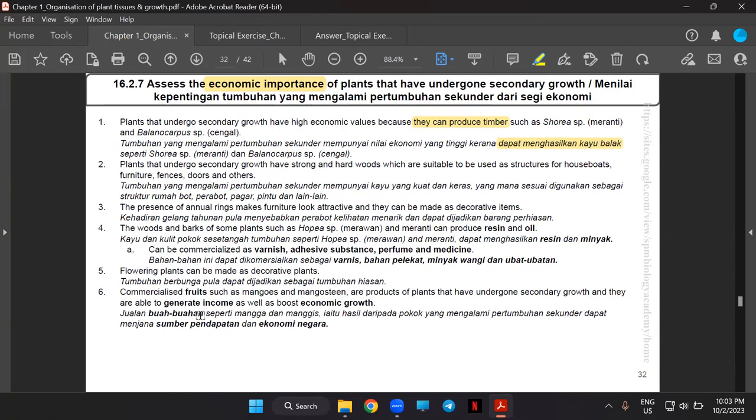You can write this. Have strong and hard wood which are suitable to be used as structures for houseboat. Furniture, fence, door, others no need. Mempunyai kayu yang kuat dan keras yang mana sesuai digunakan sebagai struktur rumah bot. Boleh tulis.